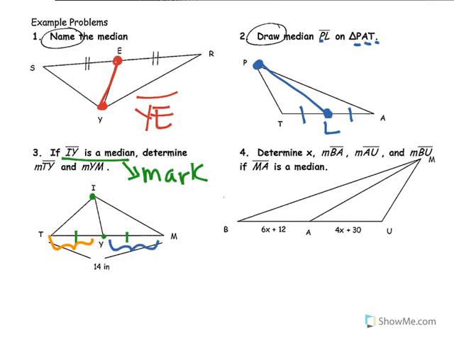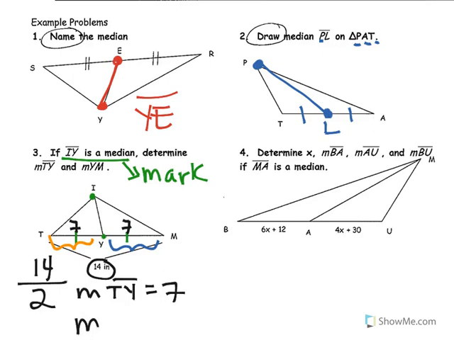Well, notice the orange and the blue chunks, those are congruent. And I told you in the picture that the entire segment is 14. So I can take 14 and divide it by 2, and that's going to give me my two congruent parts, 7 and 7. So the measure of TY is 7, and the measure of YM is also 7.